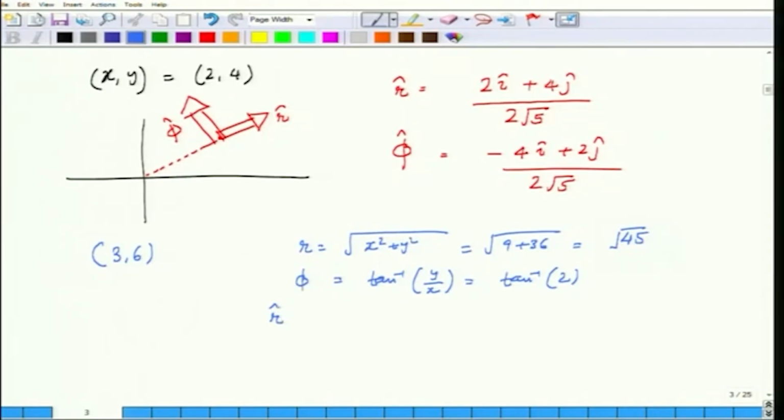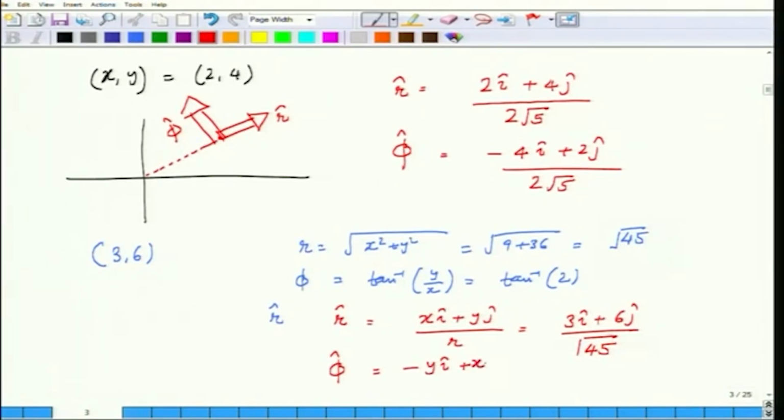R unit vector, let me write it in red, is going to be x i plus y j over r, which comes out to be, in this case, 3i plus 6j over square root of 45. And phi unit vector is going to be minus y i plus x j over r, which is equal to minus 6i plus 3j over square root of 45.